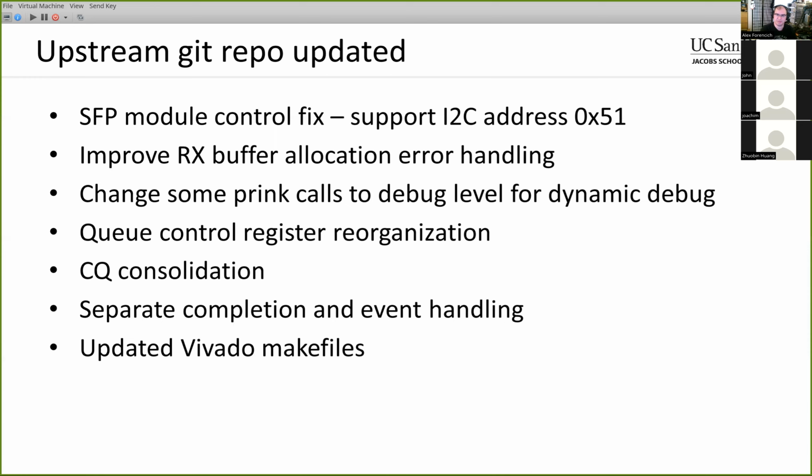I also updated the Vivado makefiles. I know there was an issue where Vivado updates its project file periodically, and that was during the build process, like during bit file generation. I think it gets updated during the implementation run, and this was screwing up the makefile. So you'd run make, and then you'd run make program, and it would try to resynthesize the thing.